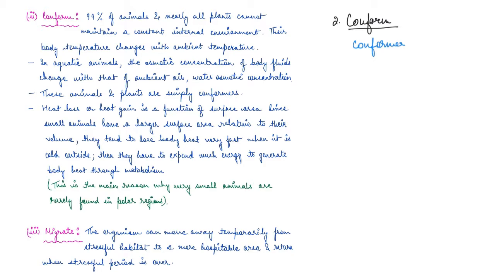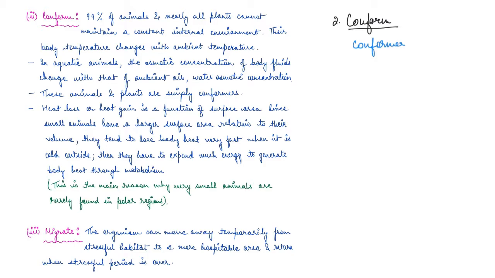Small animals have a larger surface area relative to their volume, so they tend to lose body heat very fast when it is cold outside. Then they have to expend much energy to generate body heat through metabolism. That is the reason that very small animals are rarely found in polar regions.